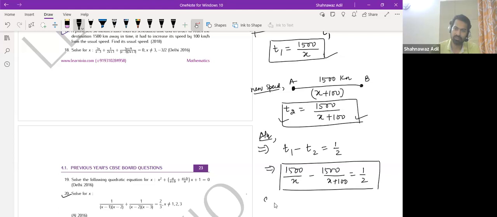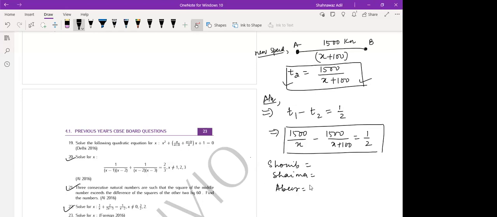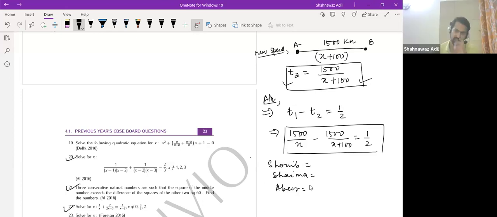Shoaib, Shaima and Abhi, you solve this question and tell me the answer. If you have any doubt, please say so. Everybody understood this problem, right? Yes, sir. Good. So please solve this and tell me the answer.